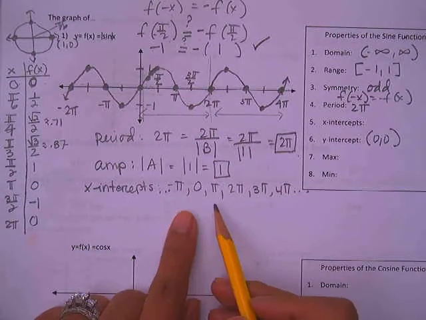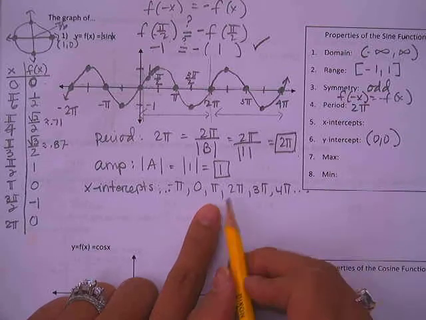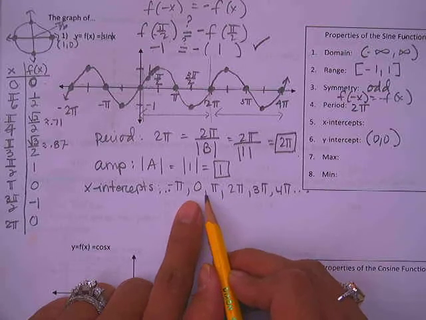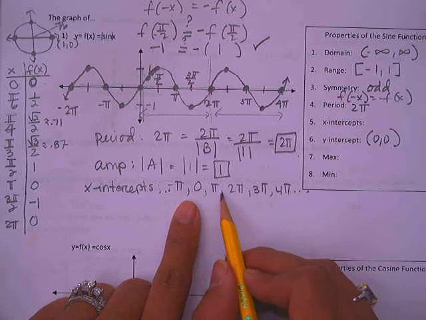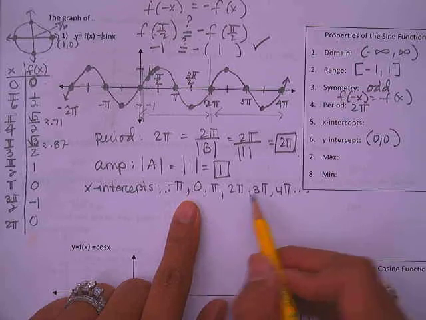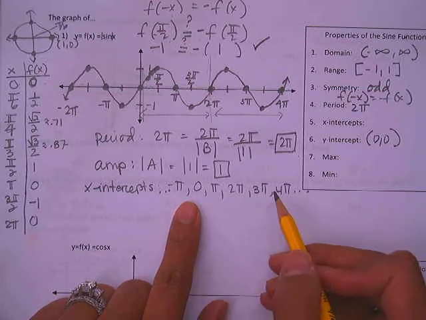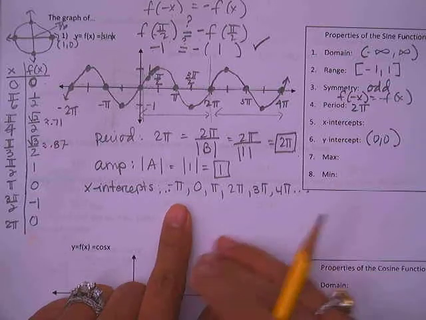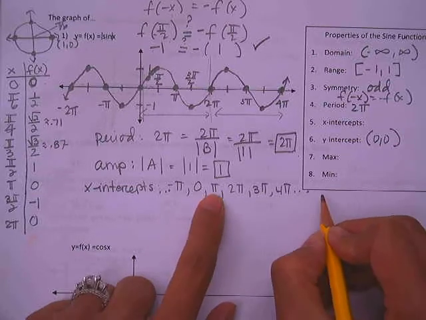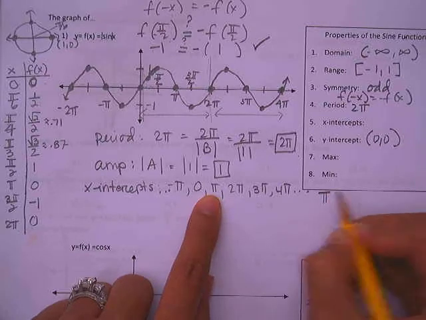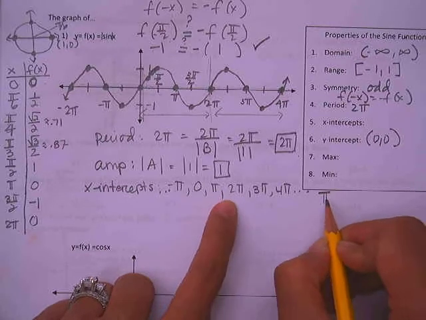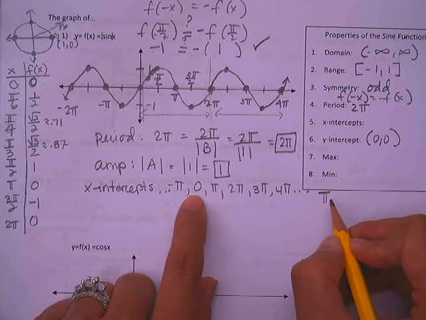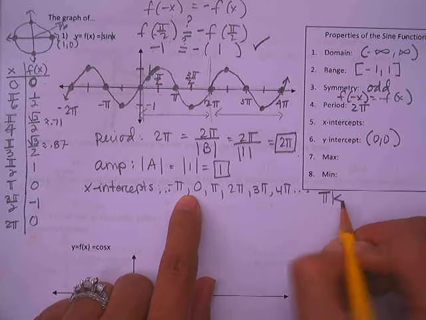If you look at the pattern, would you agree that I start at 0 and can add a pi each time, but that would be hard to say. So we're going to come up with an algebraic expression that summarizes where all the x-intercepts are. I'm going to start with pi, and every time I'm going to multiply by, let's say, k.